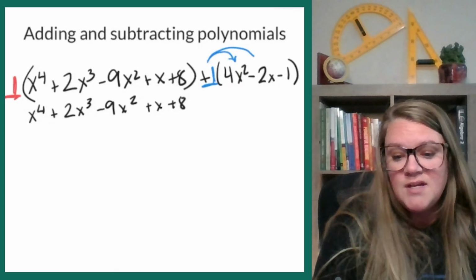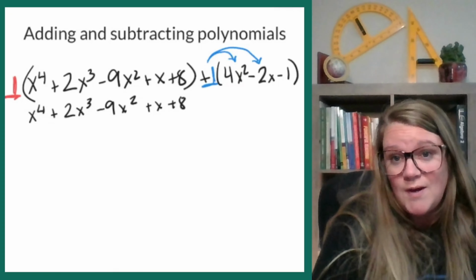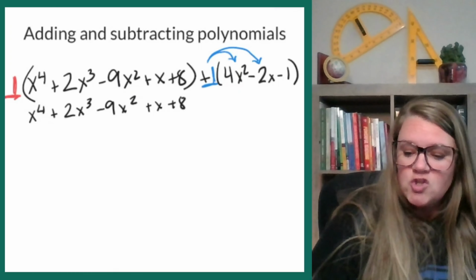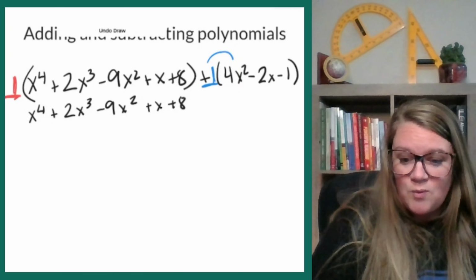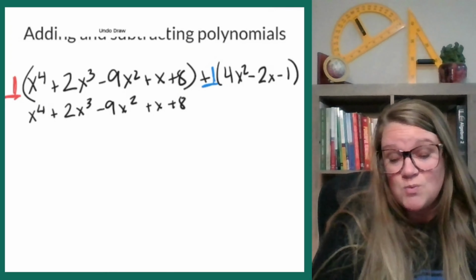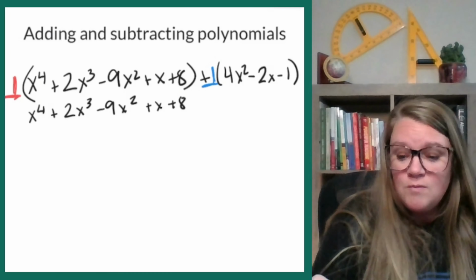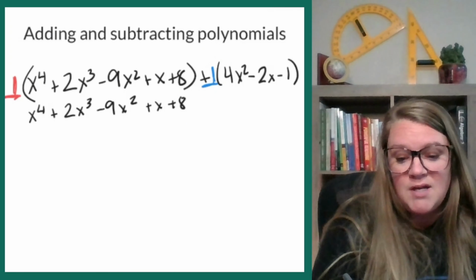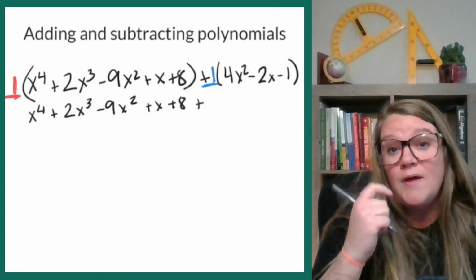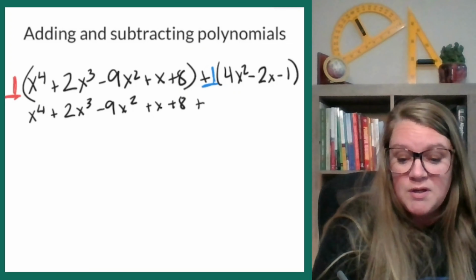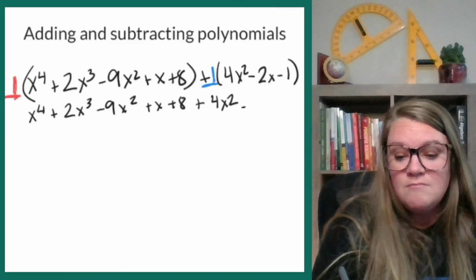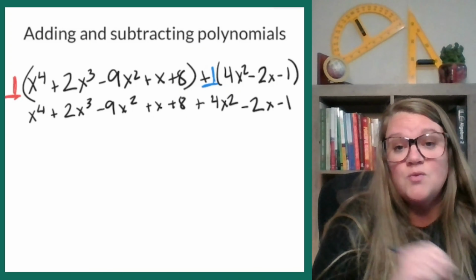Positive 1 times negative 2x is still negative 2x. It doesn't change anything. So we can skip that step when we don't need to have it. And in this one, we don't need to have it. So my next part is just to bring my next parentheses down without the parentheses this time. We're going to bring down the 4x squared minus 2x minus 1.